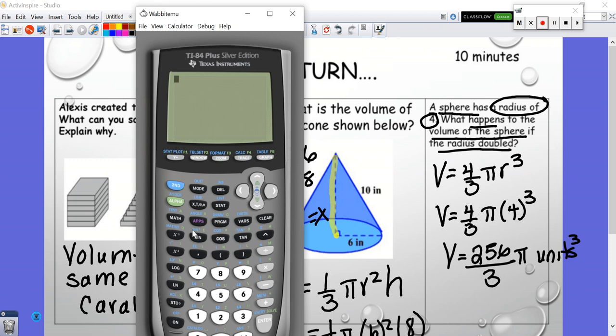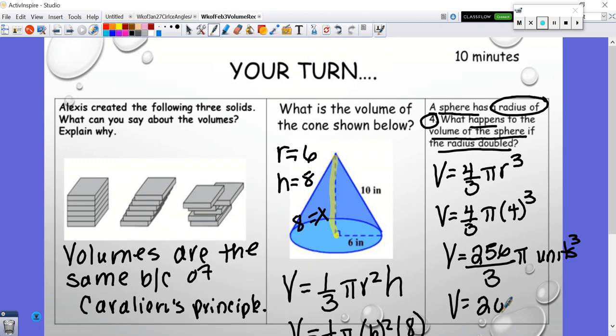Okay, and then I can take that to get the exact answer, the approximate answer. So 267.95. So volume is 267.95 units cubed. Okay? And that's the volume of the first sphere.